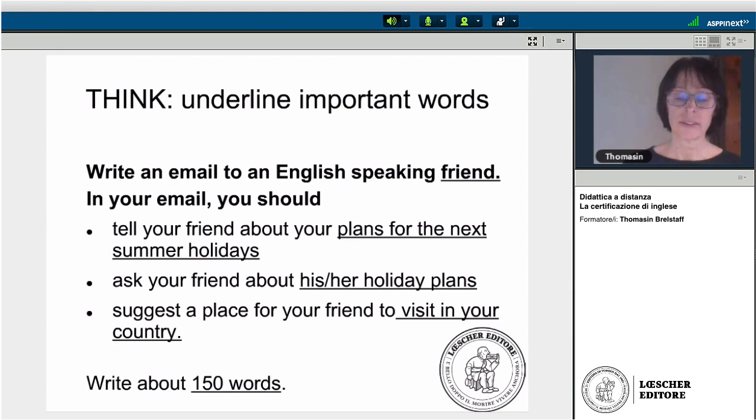On the other hand, if you write a lot more, you'll probably write things which are not relevant to the task, and you may lose marks for content. Also, if you really wrote a lot, the examiner might not mark all of the email that you've written.